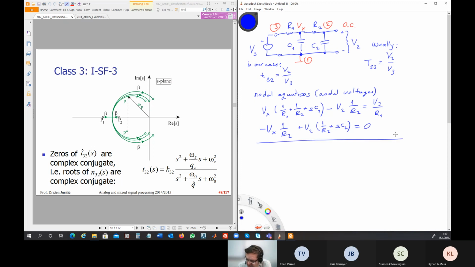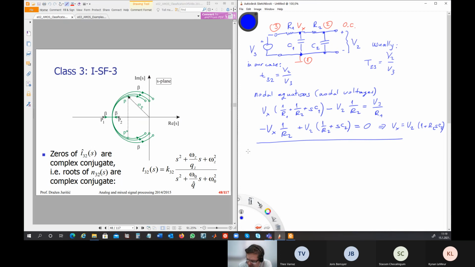Okay, and now it's very simple to solve. From here we have Vx, which is V2 times 1 plus R2 SC2, and this goes into the first equation.